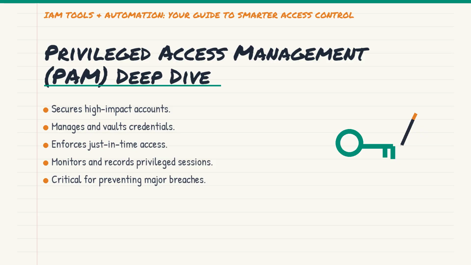This often involves just-in-time access, session recording, credential vaulting, and enforcing strict approval workflows for privileged actions. Imagine a database administrator needing temporary elevated access to perform a critical patch. PAM would grant that access for a limited time, record the entire session, and then automatically revoke the privileges.